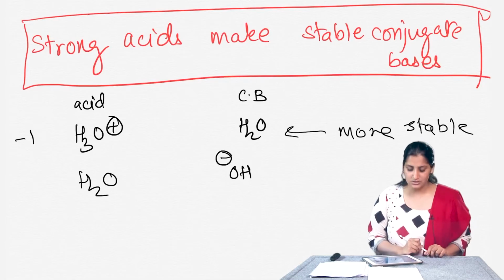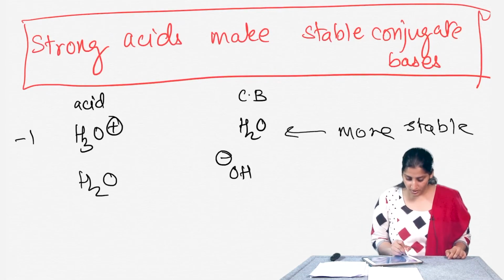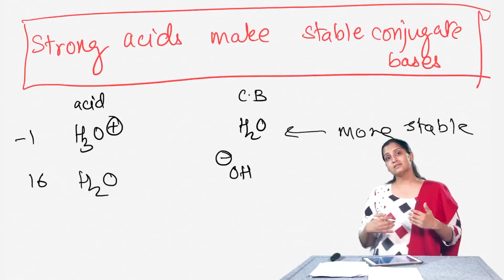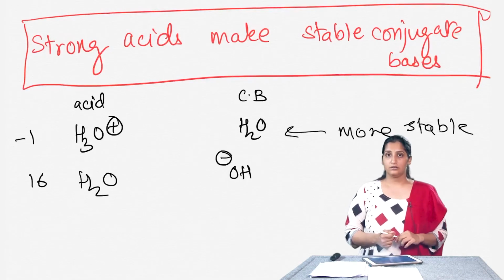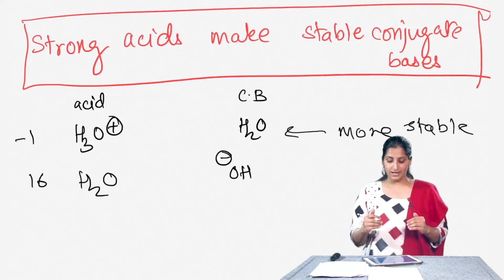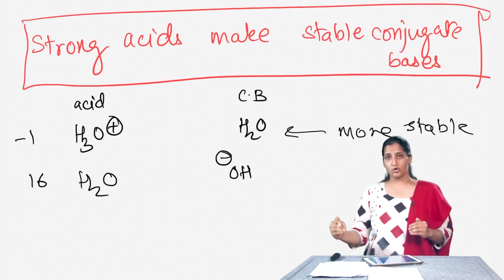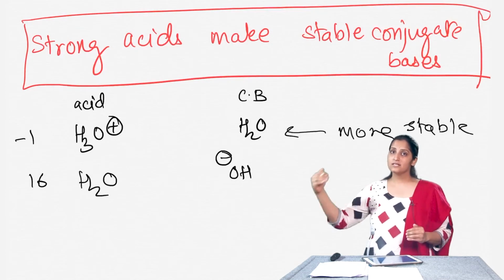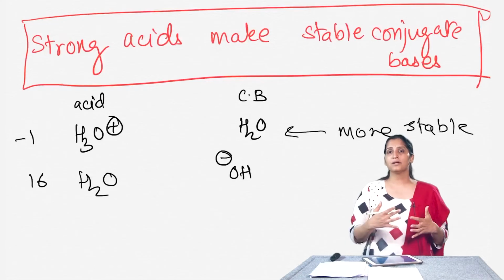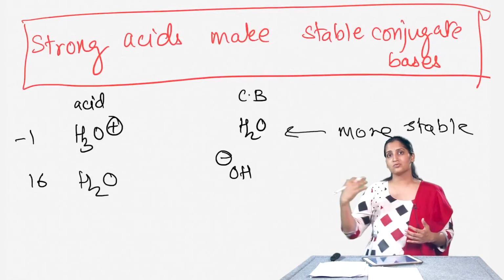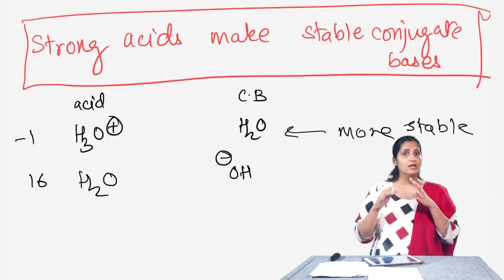You have -1 as the pKa of H3O plus, whereas 16 as the pKa of water. So, H3O plus is a stronger acid because its conjugate base, water, is much more stable, compared to water being a stronger acid, because water's conjugate base hydroxide ion is not very stable.